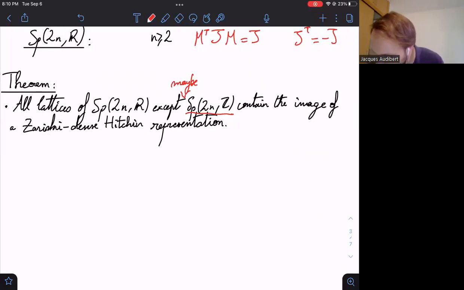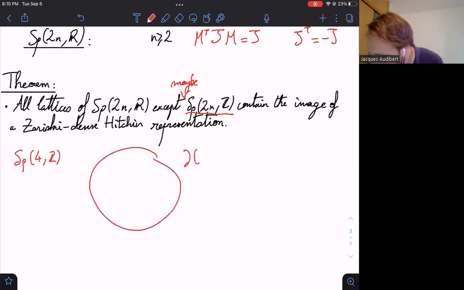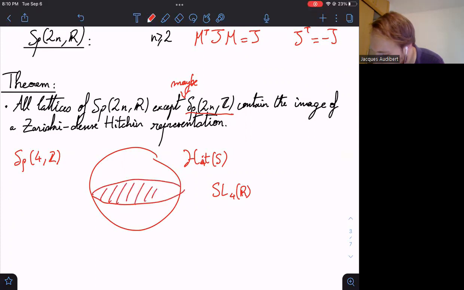So it's particularly interesting in the case of SP4Z. Let me draw the Hitchin component in SL4R. You basically have a subset which are representations with the image in SP4R.